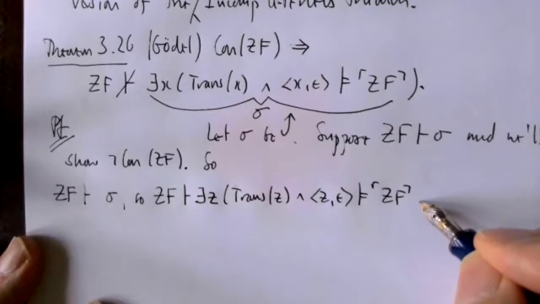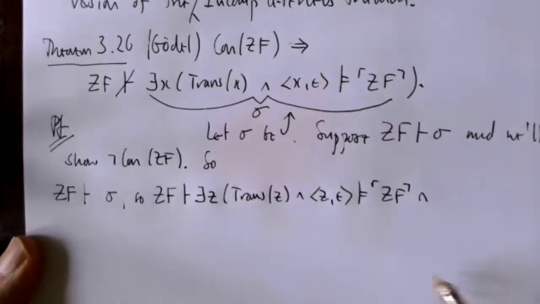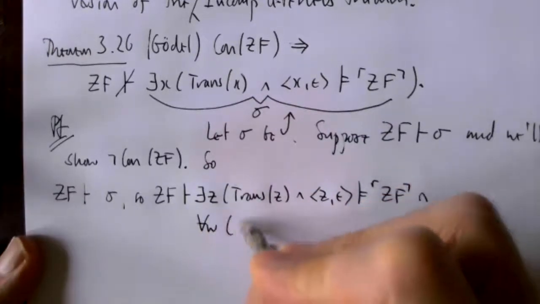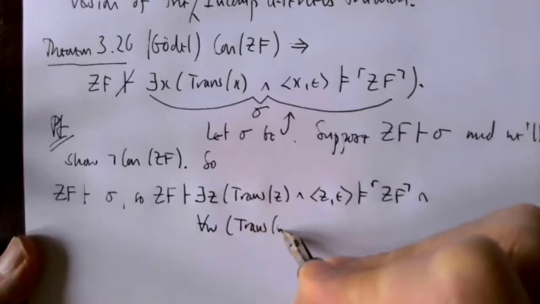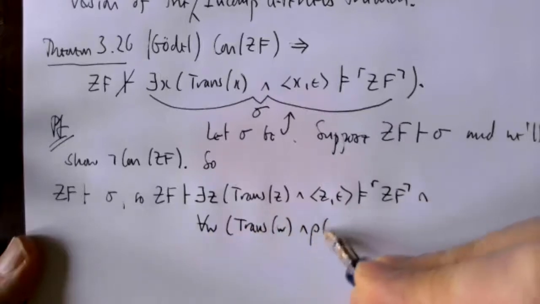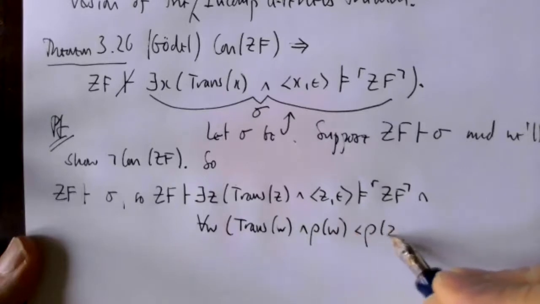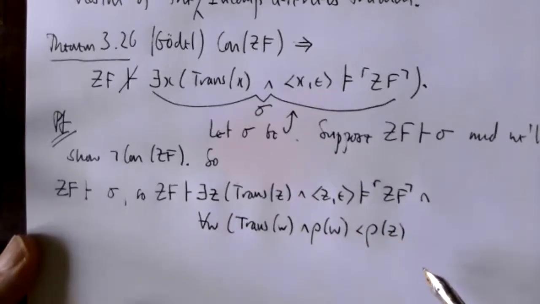But moreover, for any other W, if W is transitive and the rank of W is less than the rank of Z, then W is not a model of ZF.